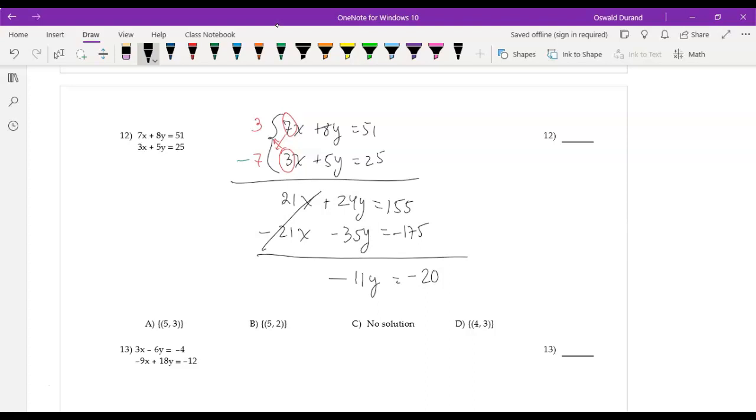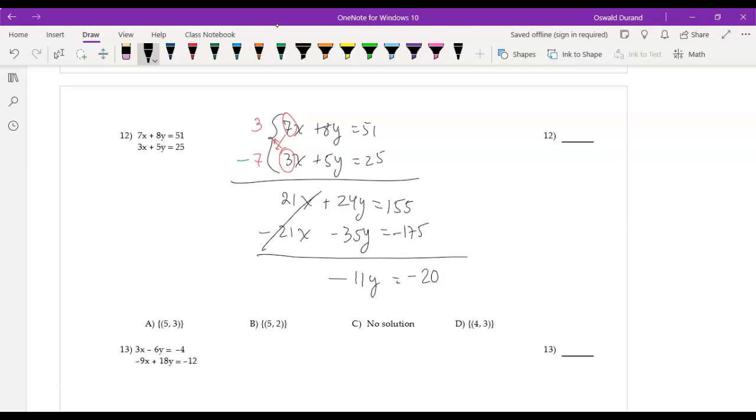So it looks like maybe, oh, hold on, 3 times 51. I just want to make sure that I'm doing it right, because it seems like the answer doesn't pan out. Okay, so 7, 8, 3, 5. That's 51, 25.